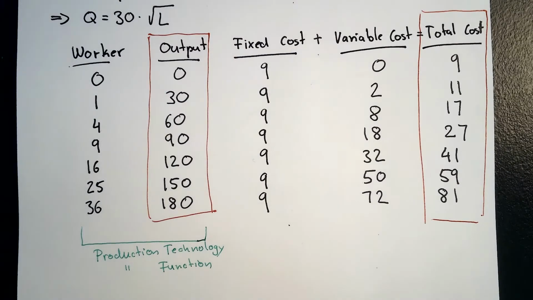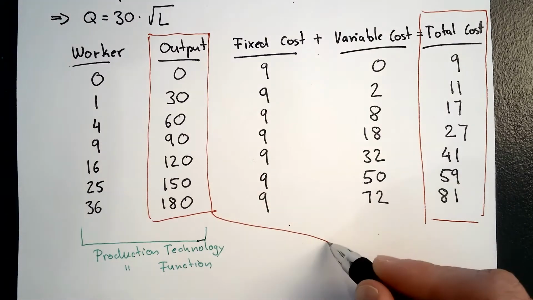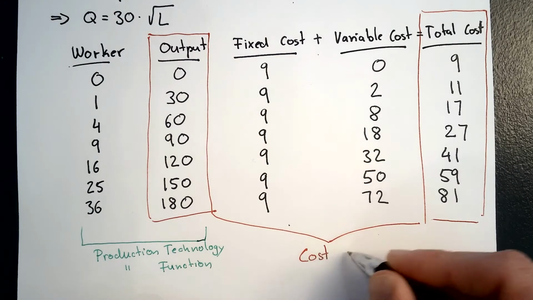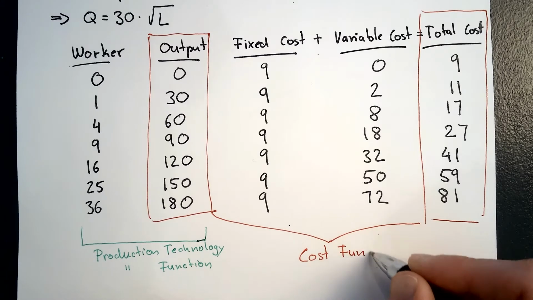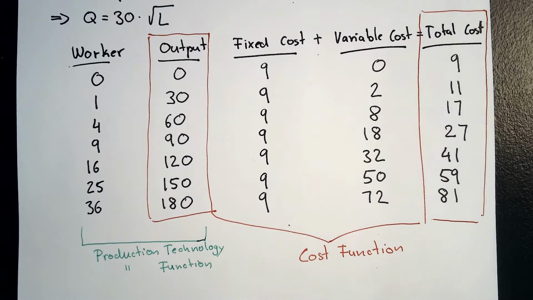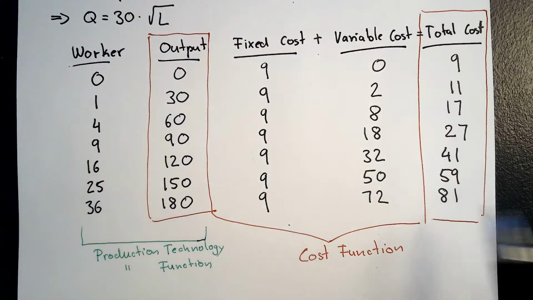Now, those 2 columns, or the relationship between those 2 columns, will make up the cost function. And this will be the subject for the remainder of the video, this relationship between output and total cost.